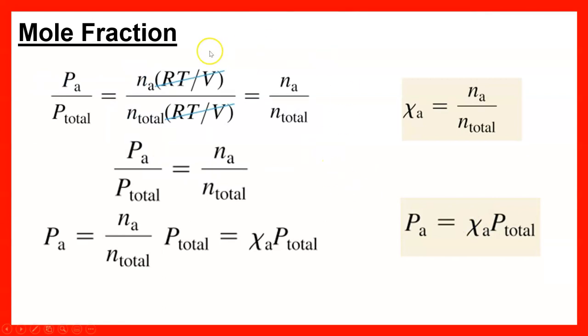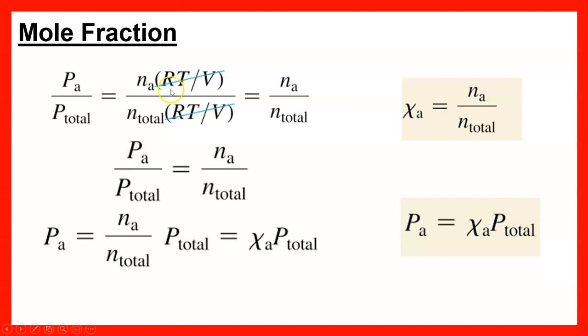So, just for those of you who are wondering how this works, if we are comparing the pressure of one substance to the total pressure in the container, I can have PV equals nRT for both. And since I'm interested in the ratio, I'm dividing them by each other.